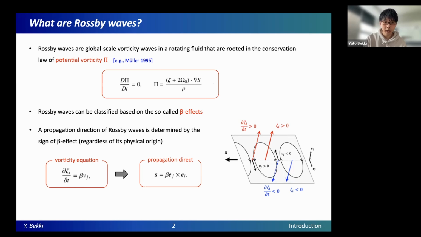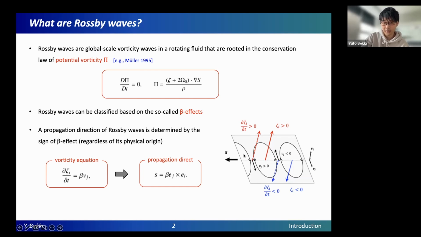Rossby waves can be classified based on the so-called beta effects, which is an appearance of the Coriolis force in the vorticity equation. If the vorticity equation can be reduced to the following form, then the propagation direction of the Rossby waves is determined by this, so it depends on the sign of the beta effect.